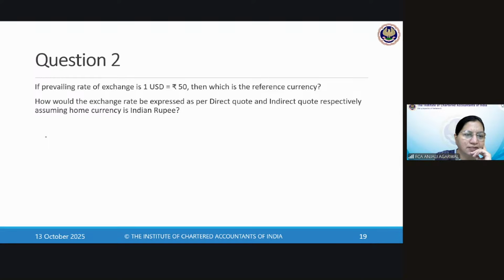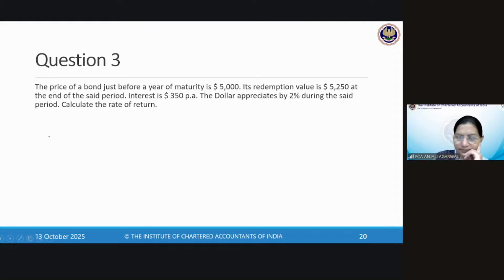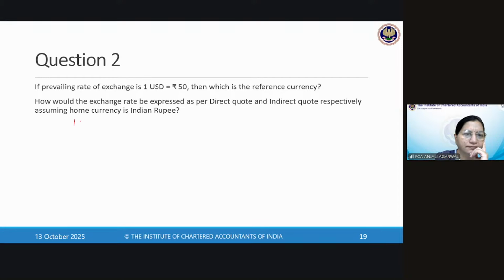One USD is equivalent to rupee 50. Right? That's what is given. Yes, ma'am.